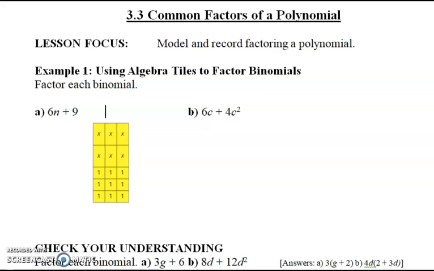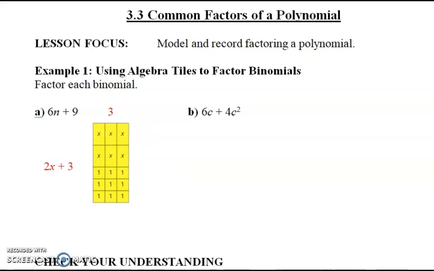We have 3 ones here, so this side is going to be 3. On this side there are 2 x's, so it's going to be 2x, plus 3 ones, plus 3. Those are the dimensions of your rectangle, and the rectangle's dimensions are actually going to be the factors.